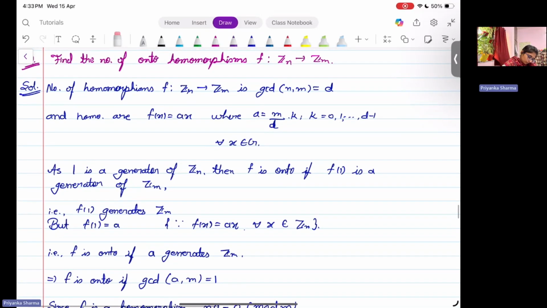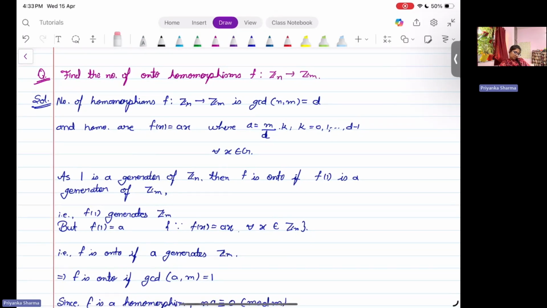So we need to find the number of such homomorphisms now.